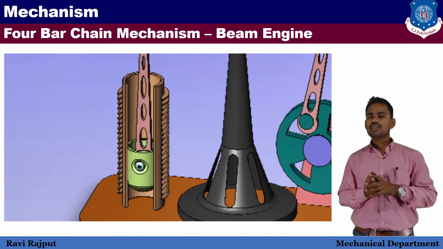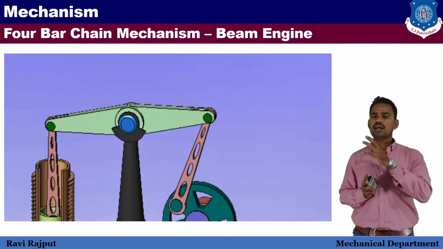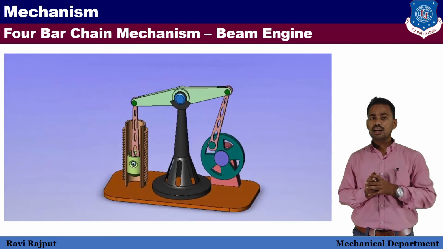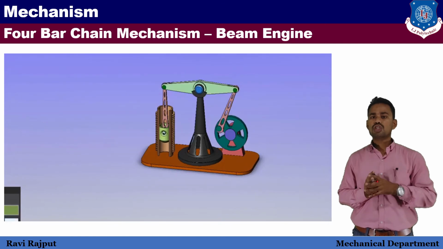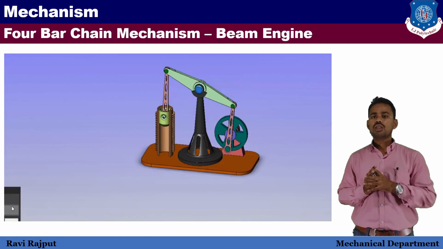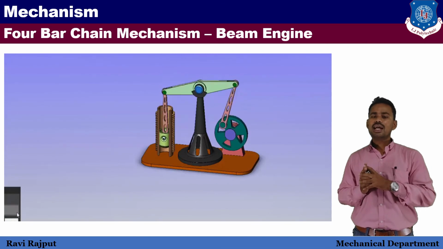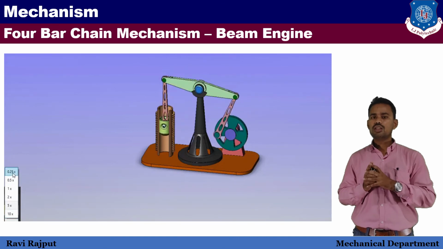So there is a frame, beam and cylinder, that is one link. Then the crank is the second link, and there is a turning motion between the frame and the crank. So that is a turning pair. Then that is connected to the connecting rod, so there is also a turning pair between these two.